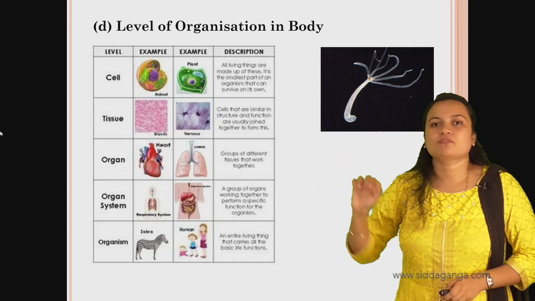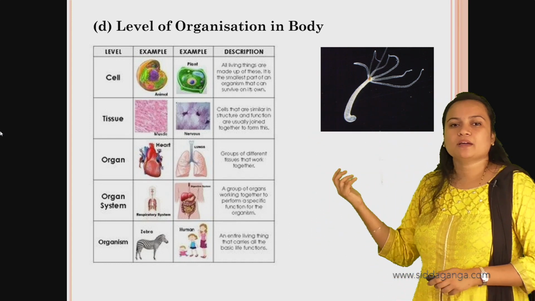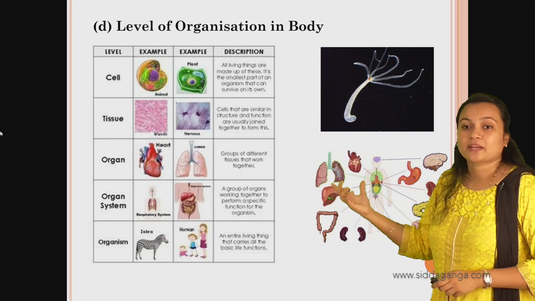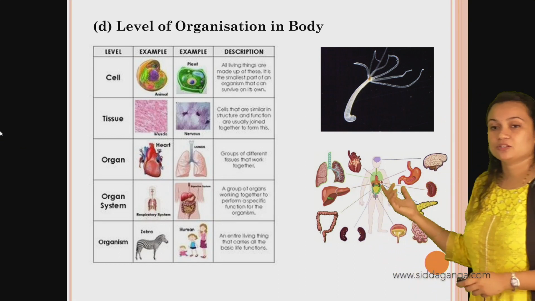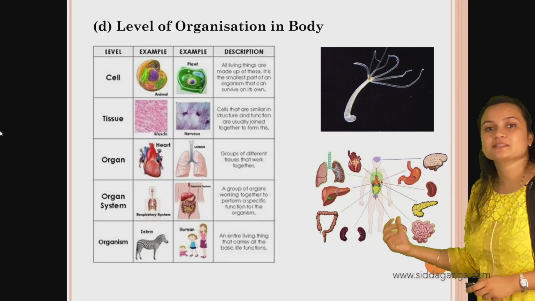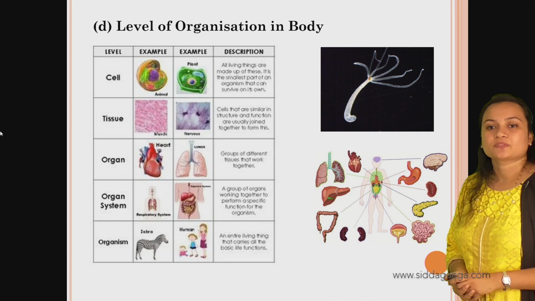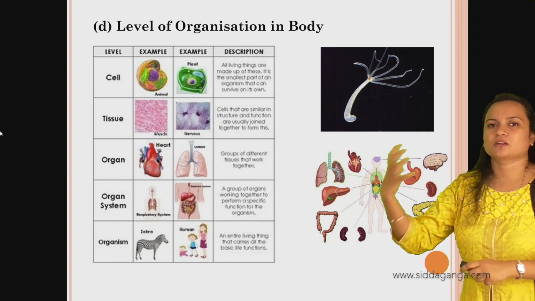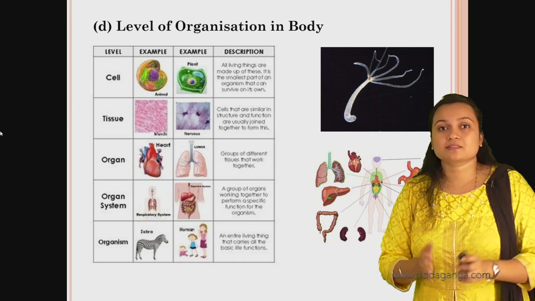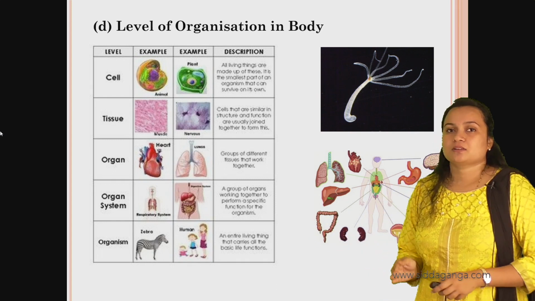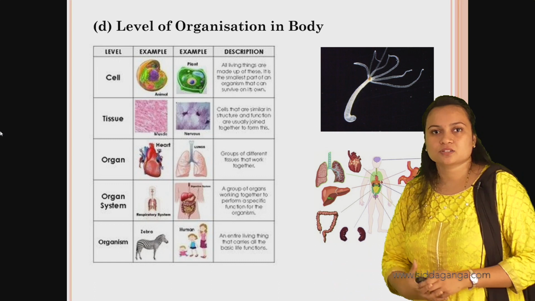In the hydra, there is a specific group of cells which perform some functions, okay? Tissue level, organ level, and these organs combine to form organ systems, like in human beings, we have organ system level of organization, right? Different organs form an organ system, and this organ system performs different functions.